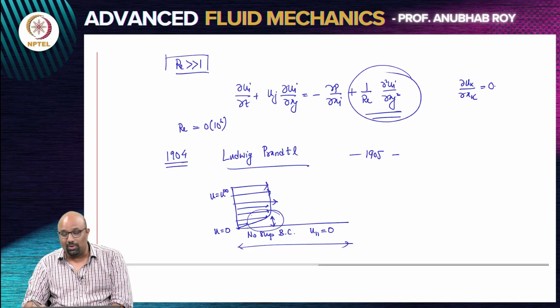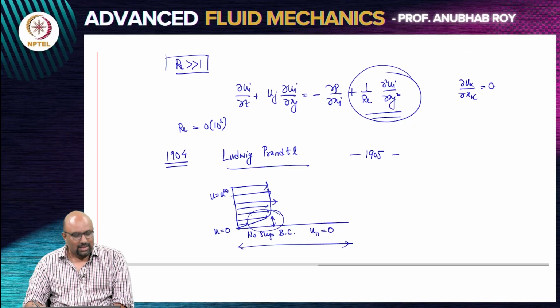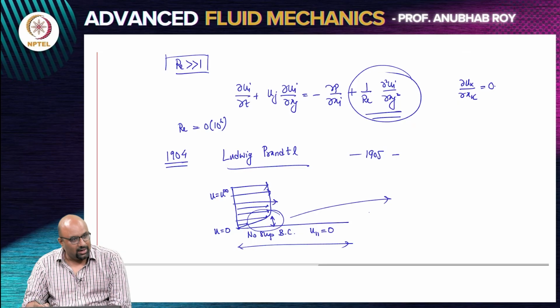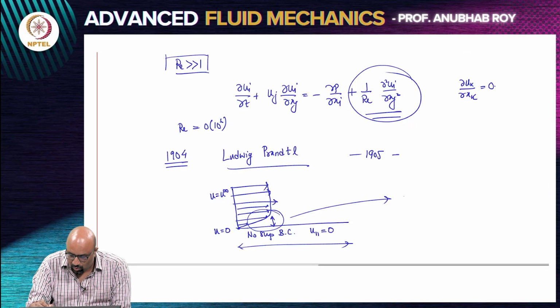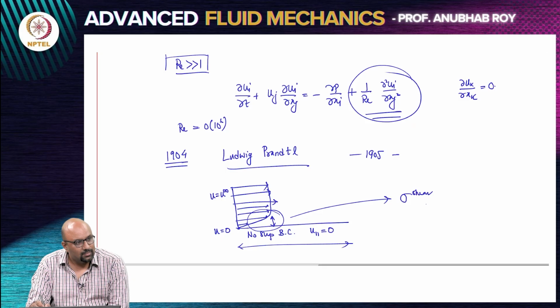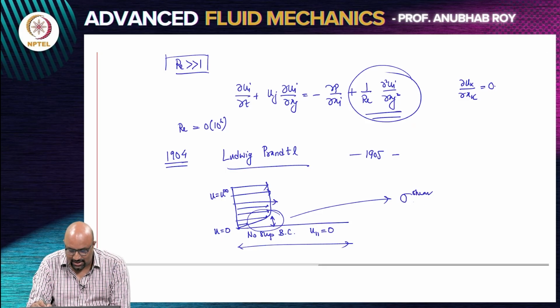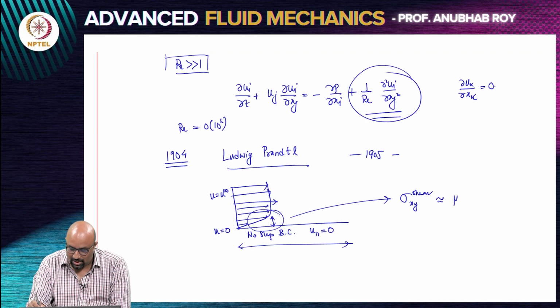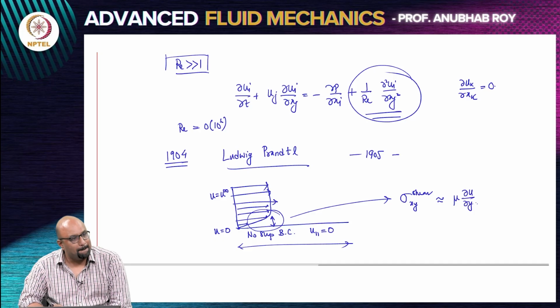Now, why is this kind of idea important? The reason this idea is important is if you now compute the shear stress. In this case the shear stress only has an xy component. If I just focus on the flow being purely in the x direction, it will depend on dou u, dou y.